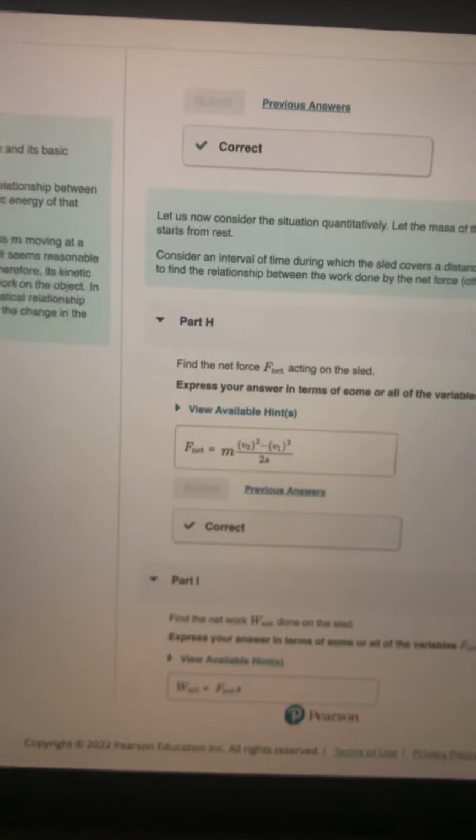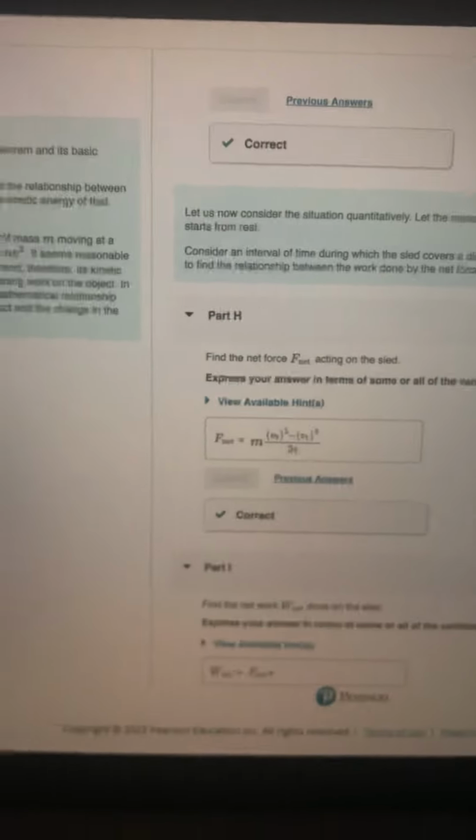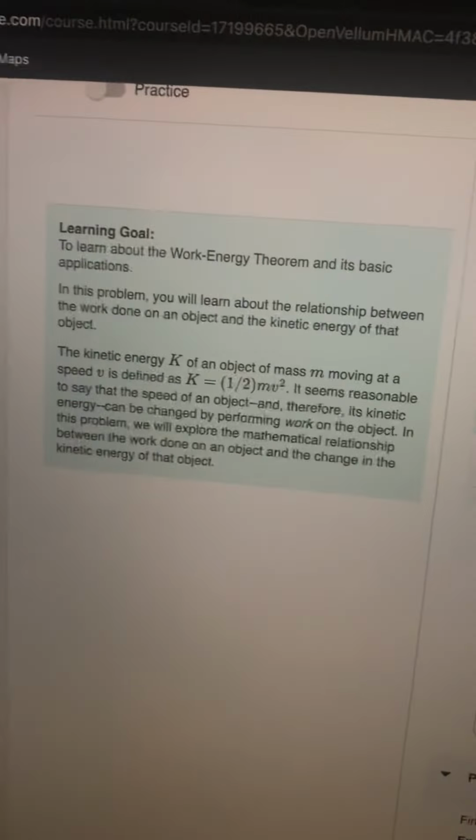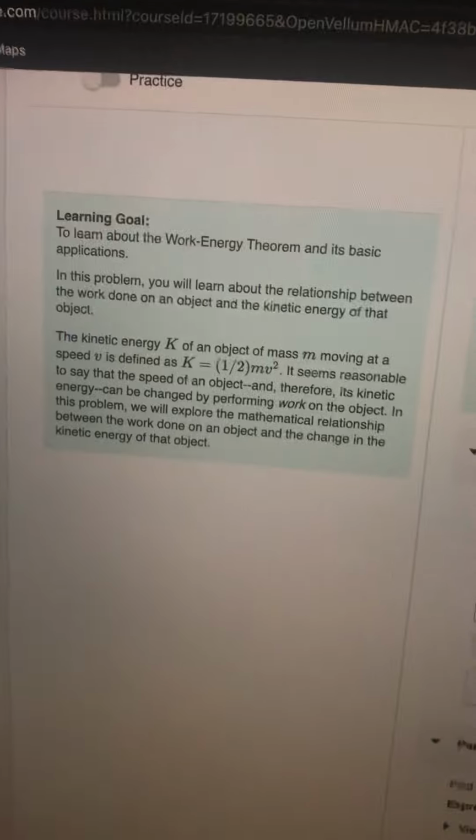Part H. Find the net force acting on the sleigh. So we're given over here that K is 1/2 mv squared. K equals 1/2 m times the velocity squared.